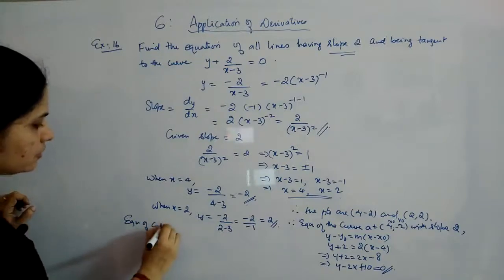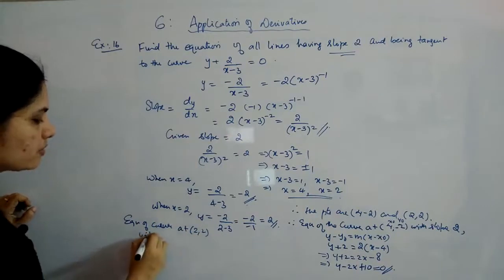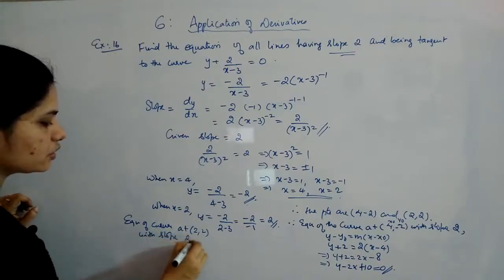And the other one will be the equation of the curve at 2, 2, with the same slope, slope 2 only.